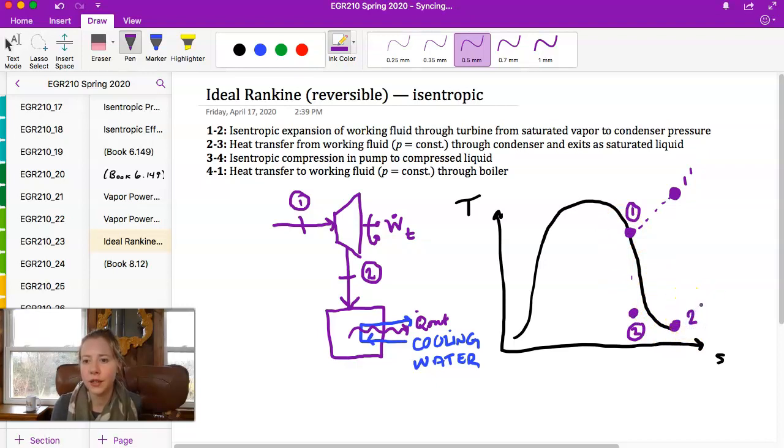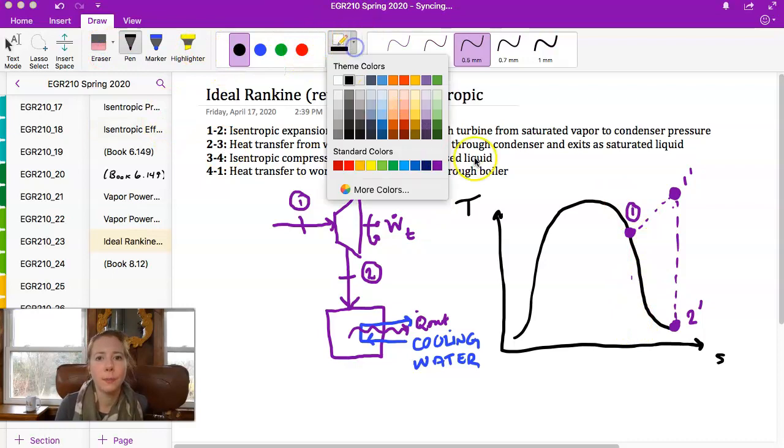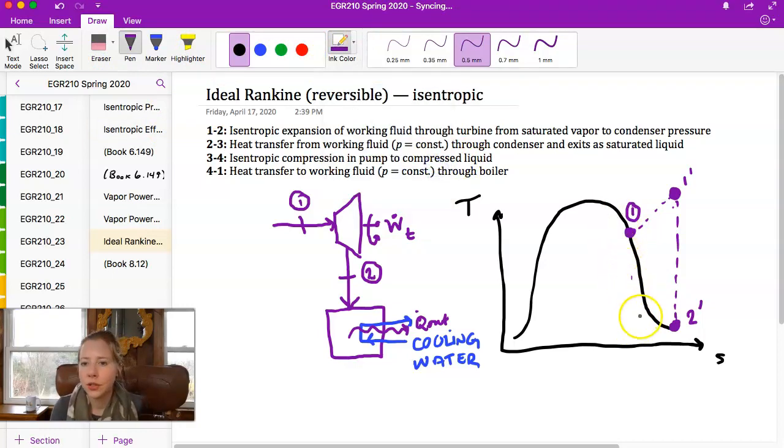So it just depends. And actually, I'm going to redraw that because these should be at the same temperature, for example. So I'm just going to draw this one right here. And just remember my dots are for if superheated.